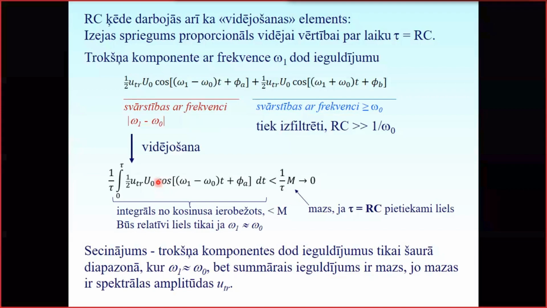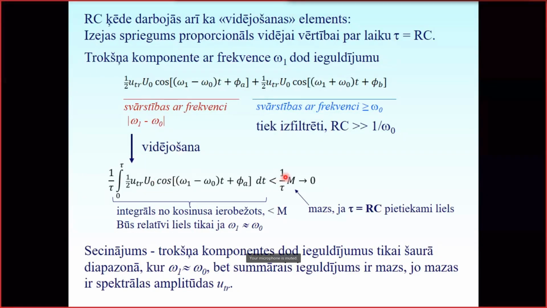It couldn't be bigger than some certain value, and then we divide the value by the time constant. The time constant may be quite high. So the contribution of this component will be noticeable only when the frequency omega 1 is very close to omega 0.